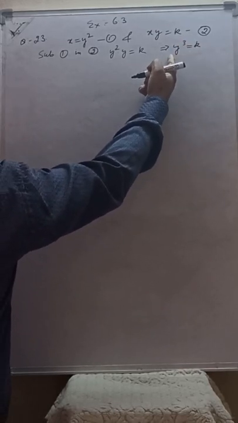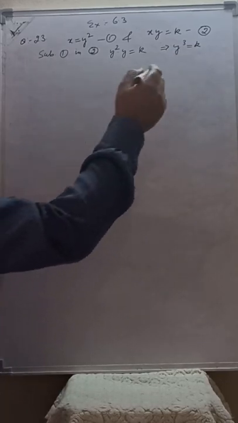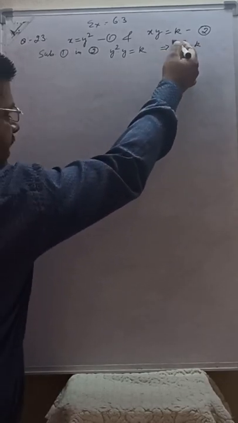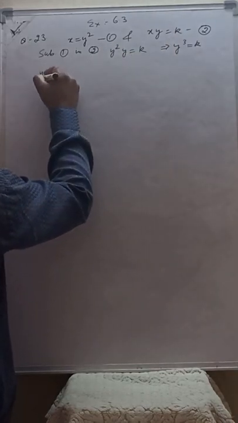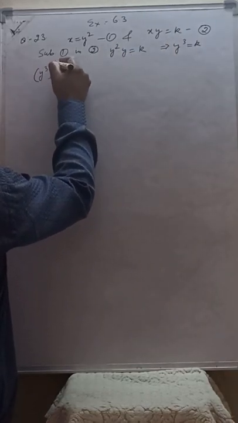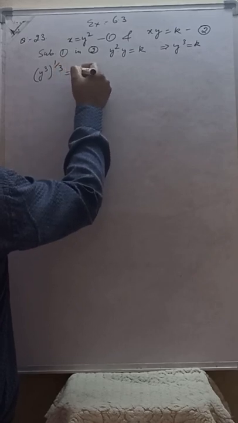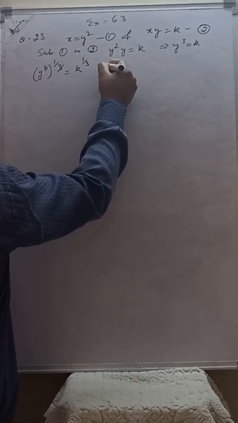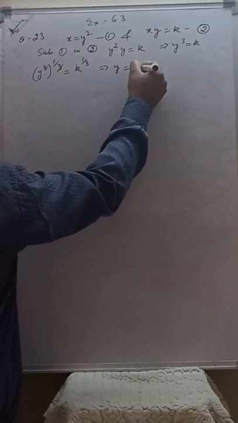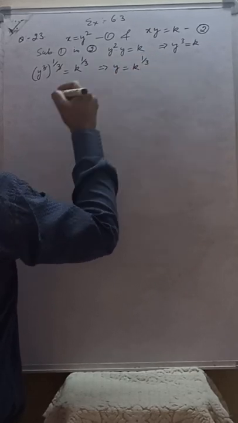Now we need y, so we take the cube root on both sides. Only then will the 3 cancel out. So we get (y³)^(1/3) = k^(1/3). This 3 and this 3 will cancel, and from here we get y = k^(1/3).